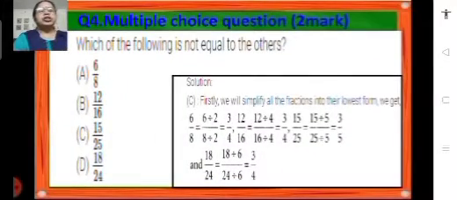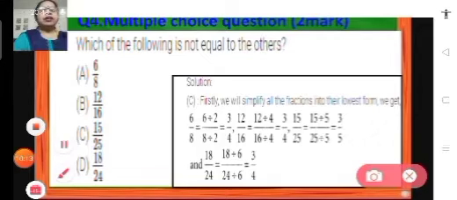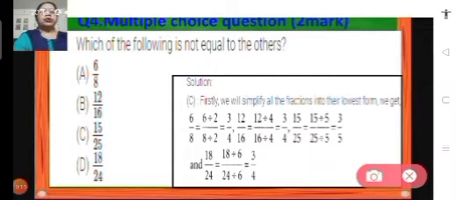Multiple choice question, 2 marks again. Which of the following is not equal to the others? We have 4 fractions here: 6 upon 8, 12 upon 16, 15 upon 25 and 18 upon 24. These fractions are not in lowest form. So, to compare, first we will convert them into their lowest form. So, 6 upon 8 is equal to 3 upon 4, isn't it?